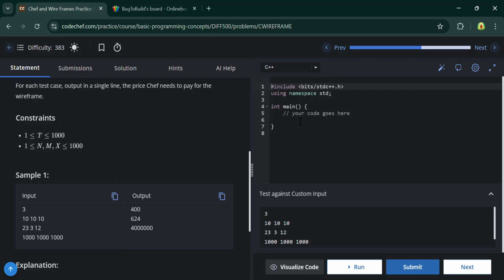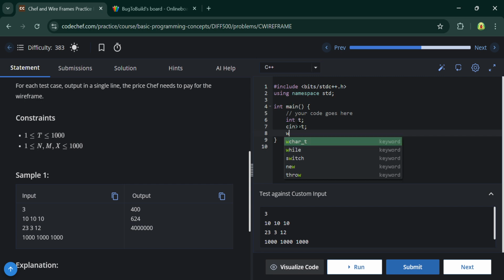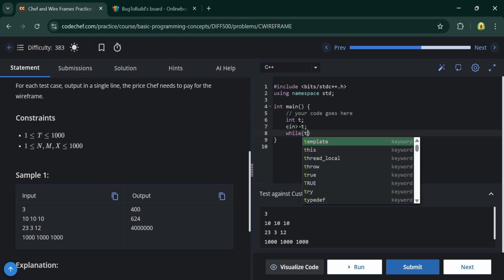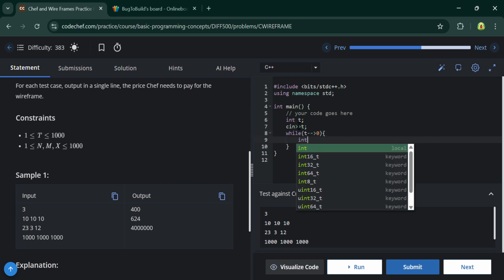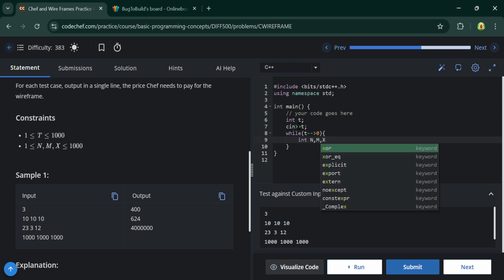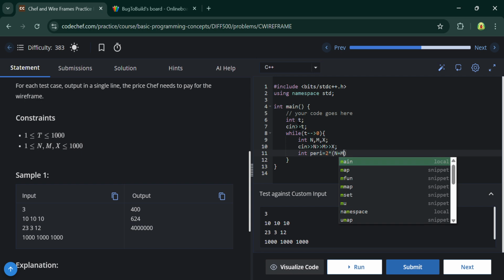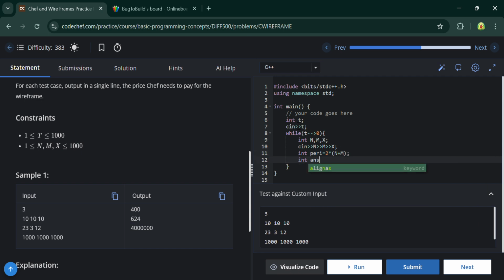So let's write the code here. First you have to take int t, which is the number of test cases, and cin t, and then use a while loop: while t-- is greater than 0, take int n, m and x, and then take input cin n, cin m, cin x. Then find int perimeter equals 2 into (n plus m), and create int answer, which will be perimeter into x.